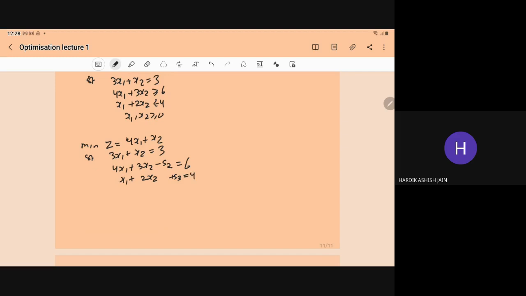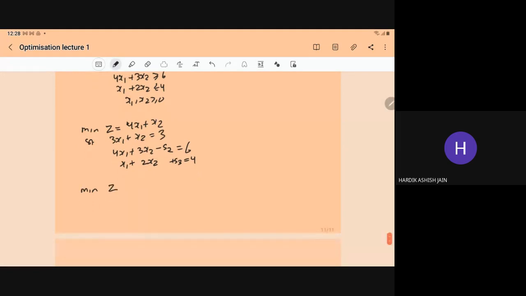We know that x1 cannot be the initial basic variable, x2 cannot be, s2 cannot be. Only s3 can be one member of the initial basic variables. To initialize the table we require 3 initial basic variables, because there are 3 constraints.